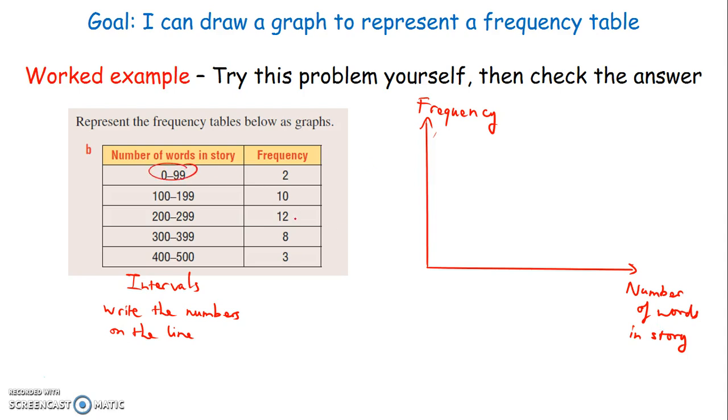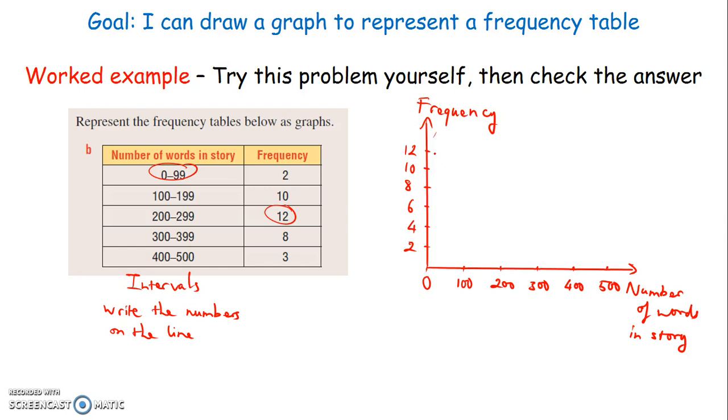We're starting with 0 here, and then we go up in hundreds: 100, 200, 300, 400, 500. The highest number is 12, so I'm just going to eyeball it here: 2, 4, 6, 8, 10, 12.